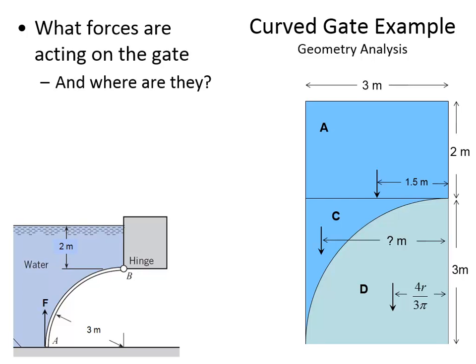Just in terms of the word definition. Y bar follows the orientation of the plate. Okay, right. So it's the inclined plate orientation distance from surface to centroid.